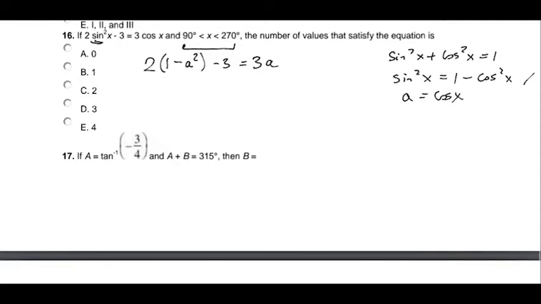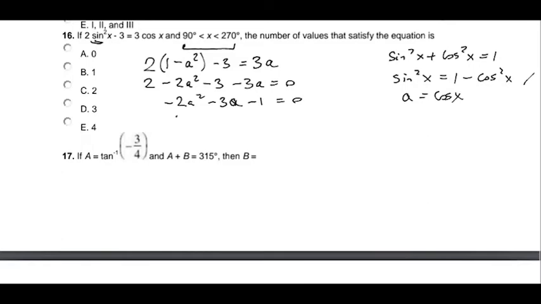So let's multiply in and bring it all together. I'm going to do this real quick. So it'll be 2 minus 2a squared minus 3. Bring the 3a over and it's minus 3a is equal to 0. And then I get minus 2a squared minus 3a minus 1 is equal to 0. Change all the signs.